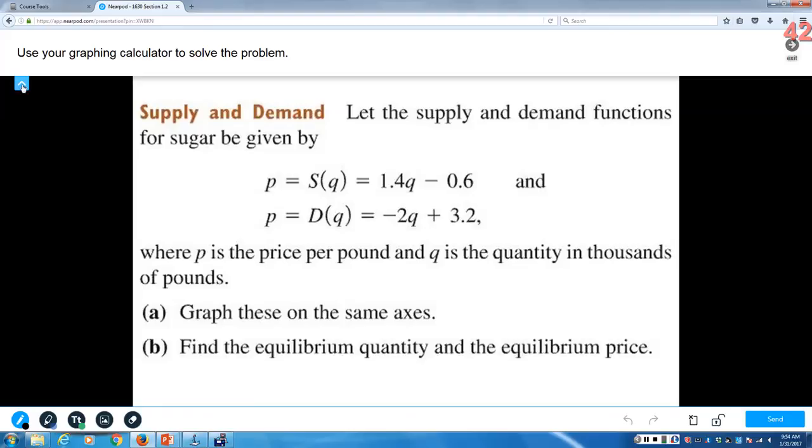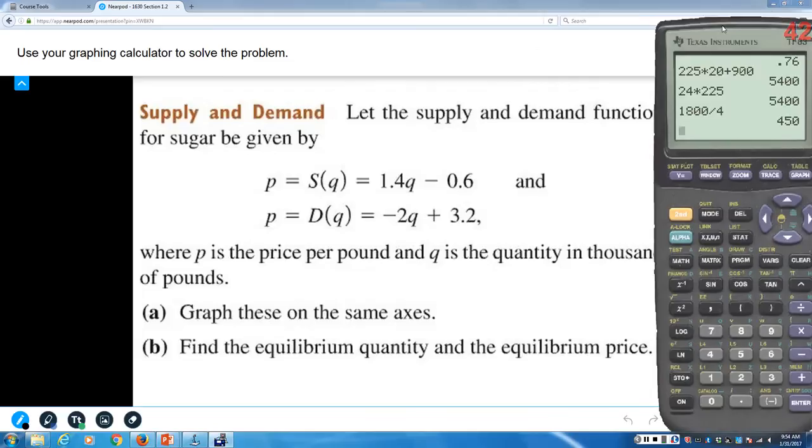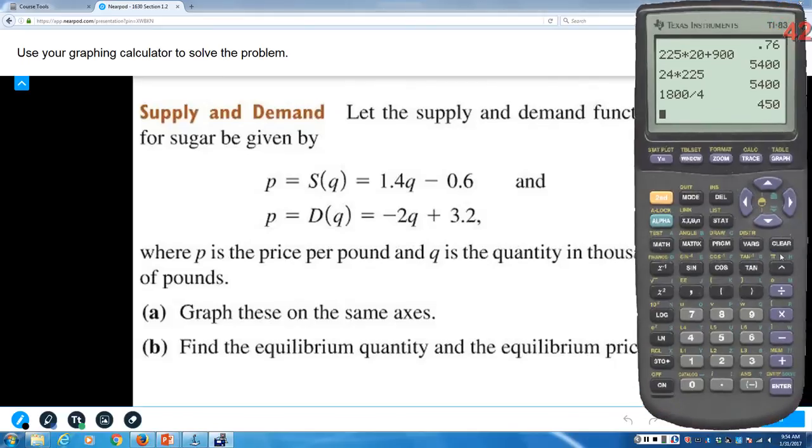This one's actually a draw it. So what you could do is get your calculator. Help you out a little bit on this one. And go to your y equals menu and enter in your supply function. And your demand function, using X in place of Q for the quantity.